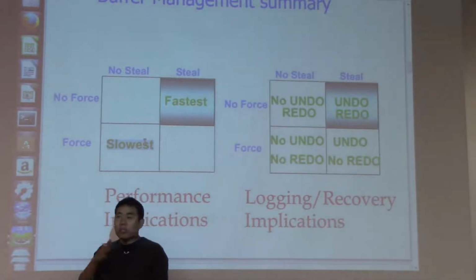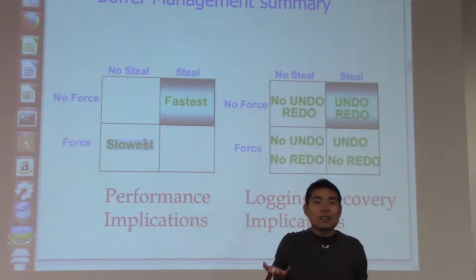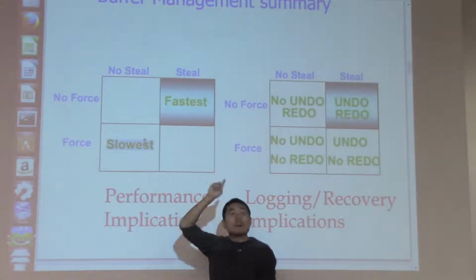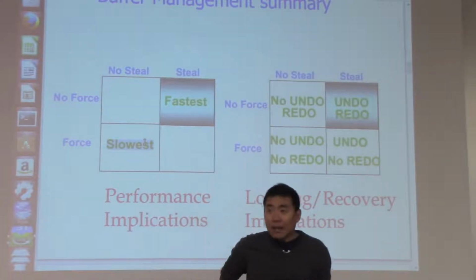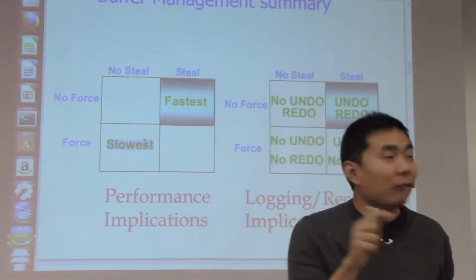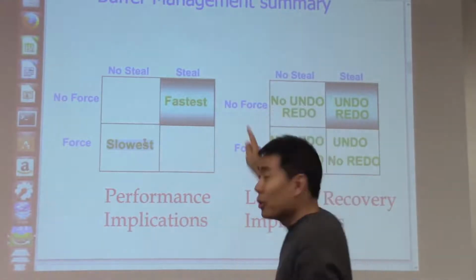By looking only at the figure on the left, you may argue, isn't the choice clear? It's a no-brainer, we should go with this. However, that's assuming the system never crashes. If you have a system that indeed never crashes, yes, you go with that.